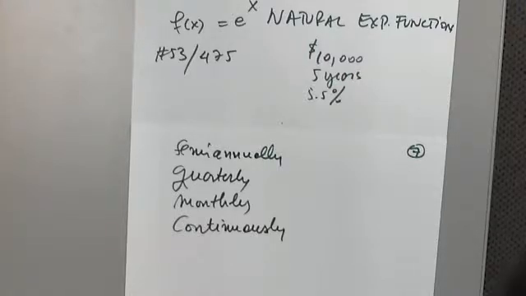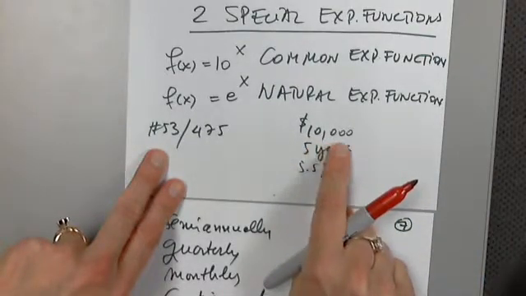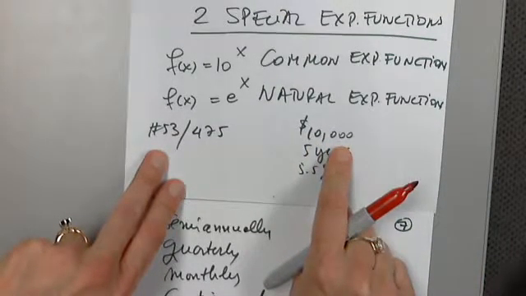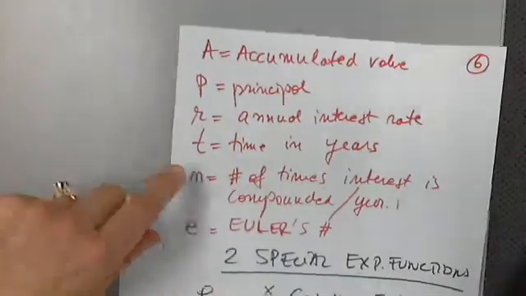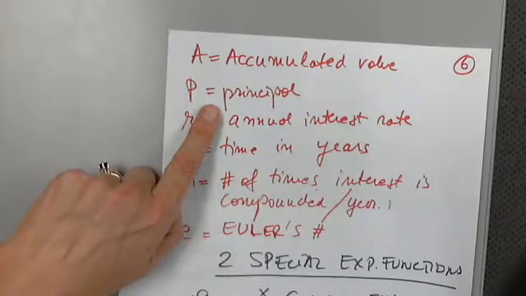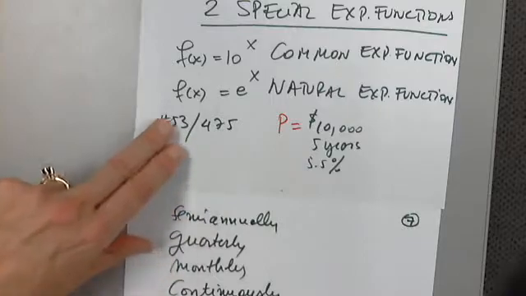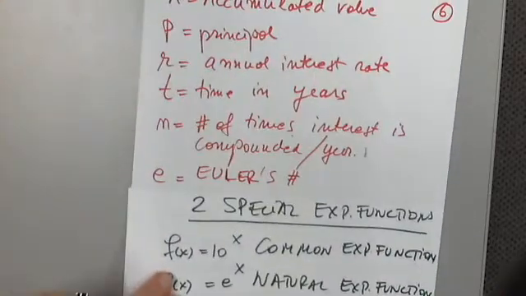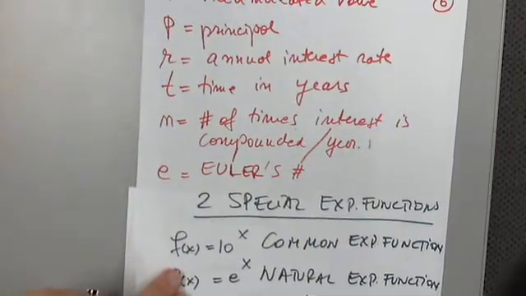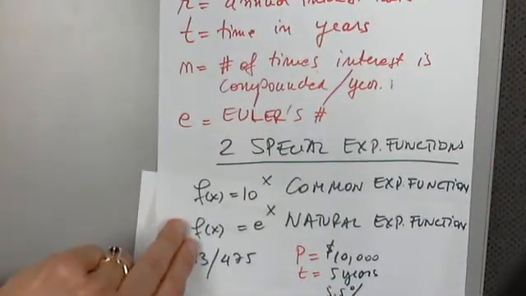So what do you think 10,000 represents? Careful. Right? We are depositing 10,000. Is that okay? Principal. So this must be P. What does 5 years represent from the list of variables here? Indeed, T. What do you think 5.5 represents?